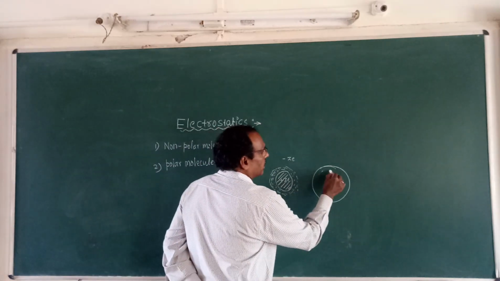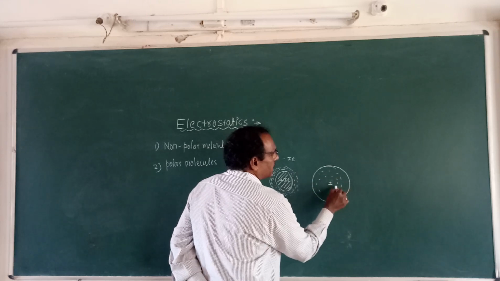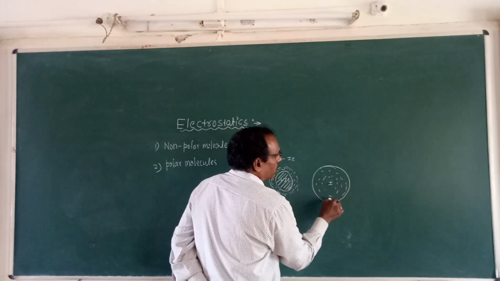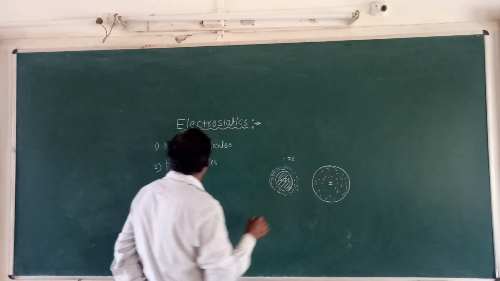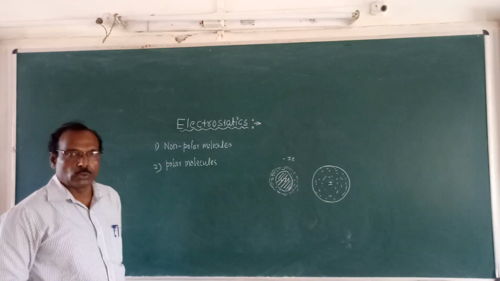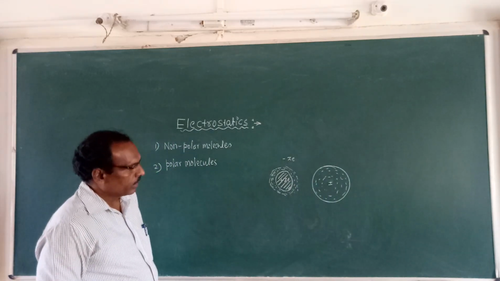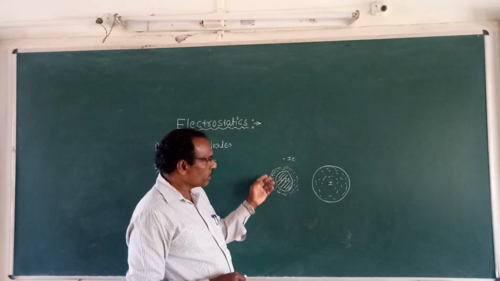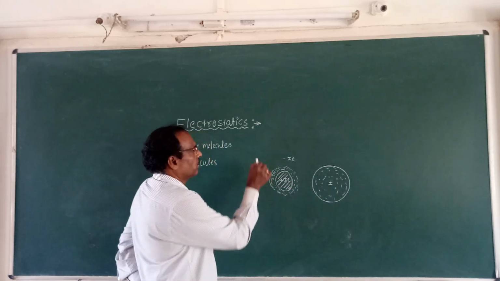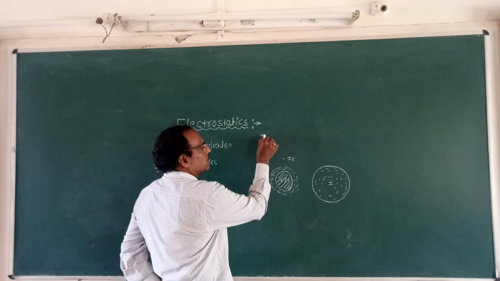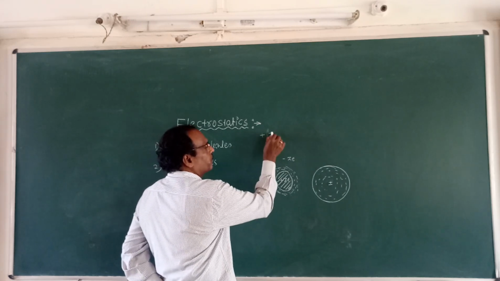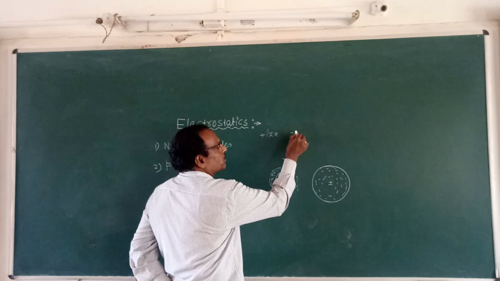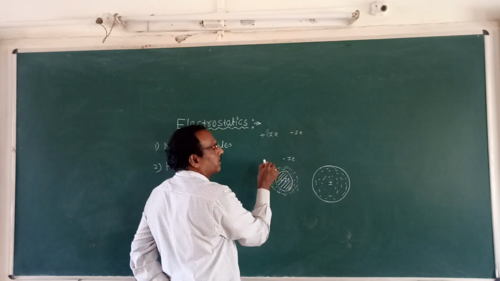This is the picture of an atom of non-polar molecules. There is no distance between them. Here the atom as a whole is neutral. One charge we call plus Ze. The other charge is minus Ze.